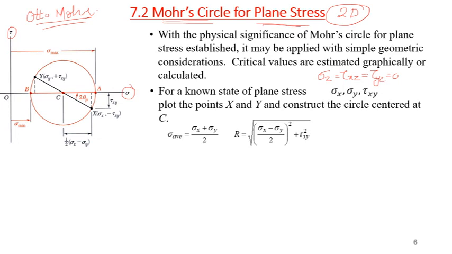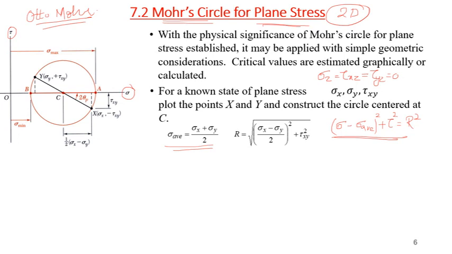With the circle equation, the center is at the average. We know the equation of the circle is sigma minus sigma average squared plus tau squared equals r squared, where sigma average is sigma x plus sigma y divided by 2, and the radius is the square root of sigma x minus sigma y divided by 2 squared plus tau squared.